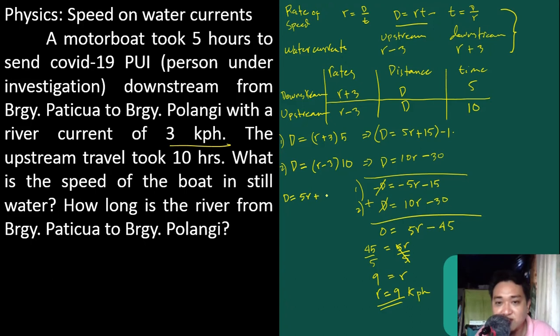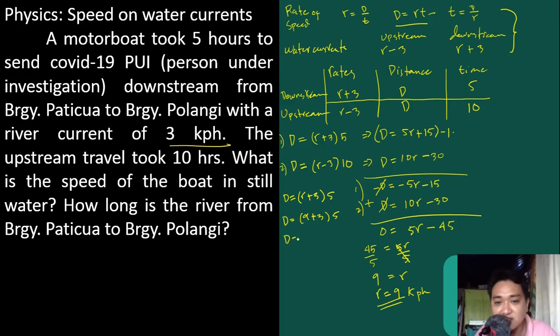5R plus 15. O pwede ring ito, yung original. So we can make use of this first linear equation, R plus 3 times 5. D is equivalent to, since R is 9, so that it becomes 9 plus 3 times 5.